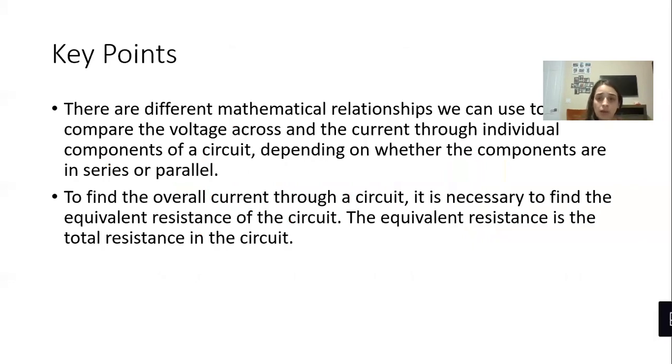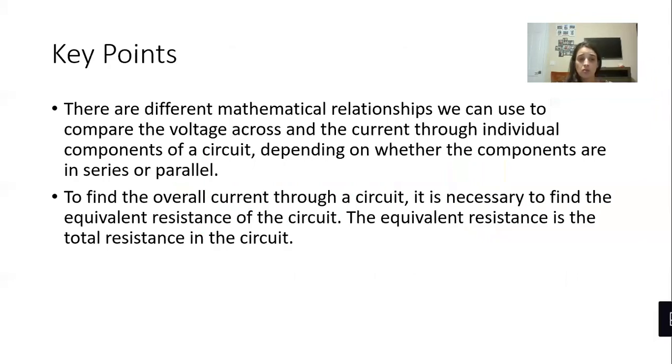So a few key points. There are different mathematical relationships that can be used to compare the voltage across and the current through individual components of a circuit, depending on what the components are, whether it's a series or a parallel circuit, right? So that's everything that we just talked about.